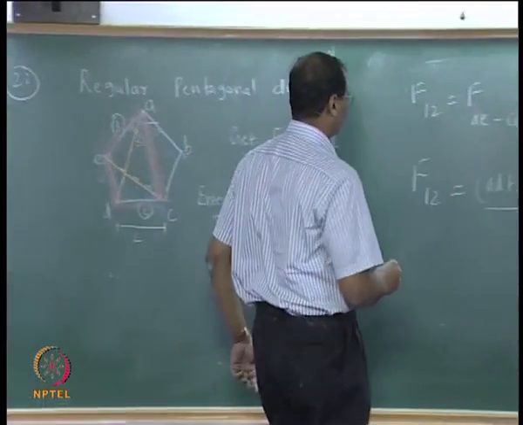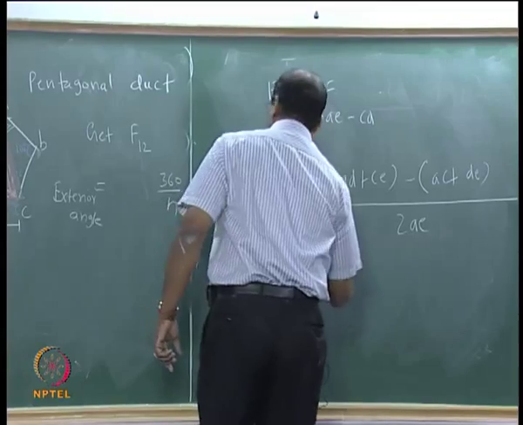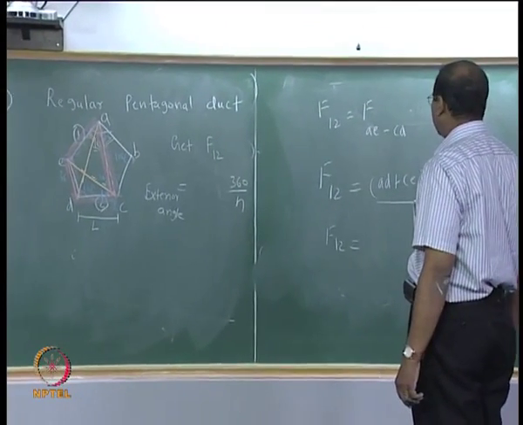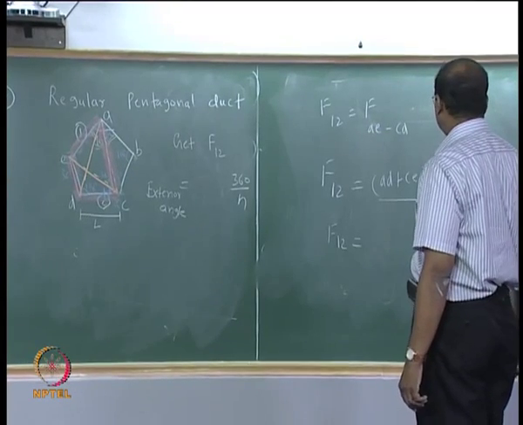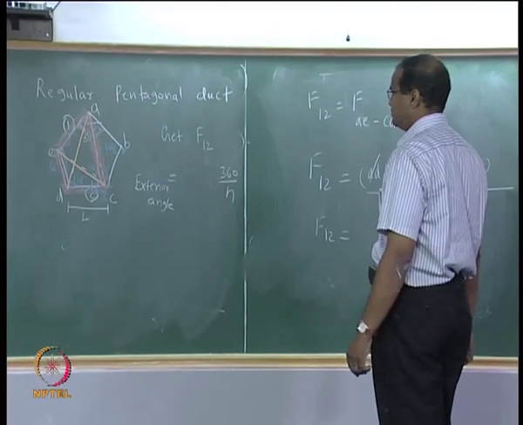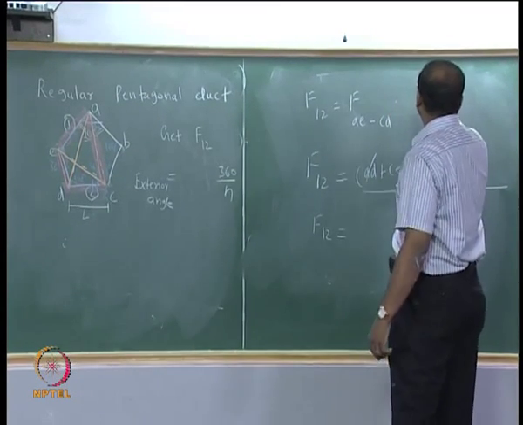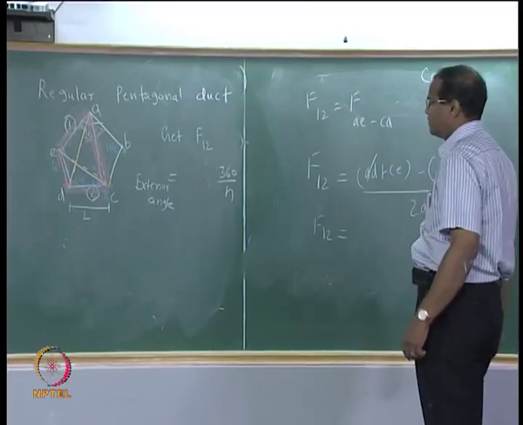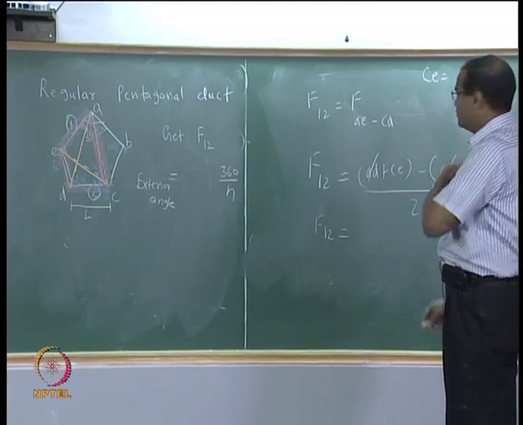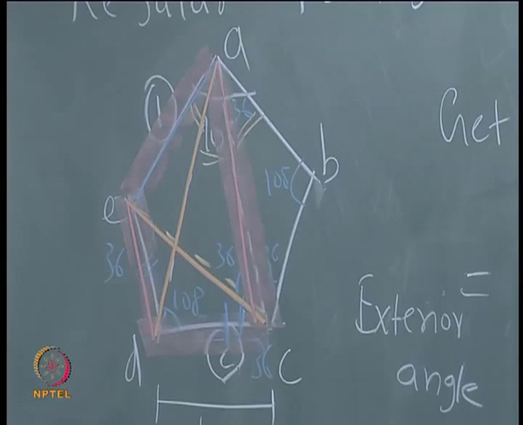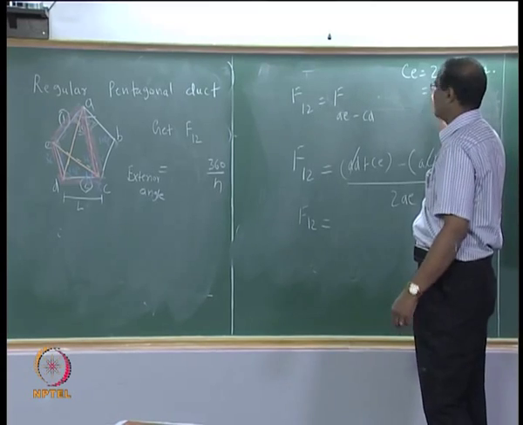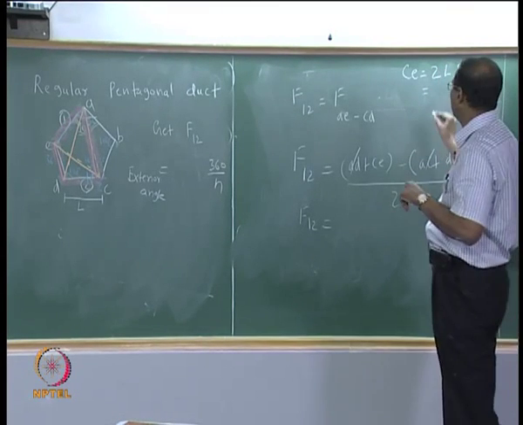What is AD? AD and AC will get cancelled. Okay. So what is CE? 2. Okay. What is sin 54? 1 point.